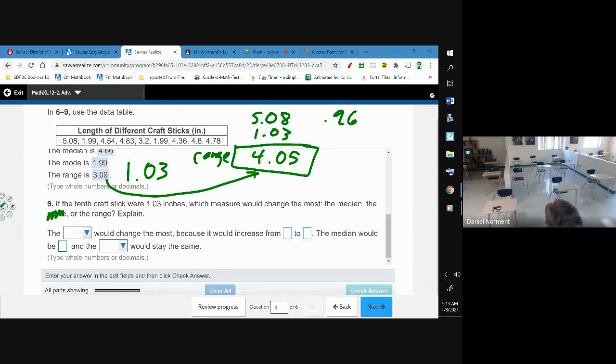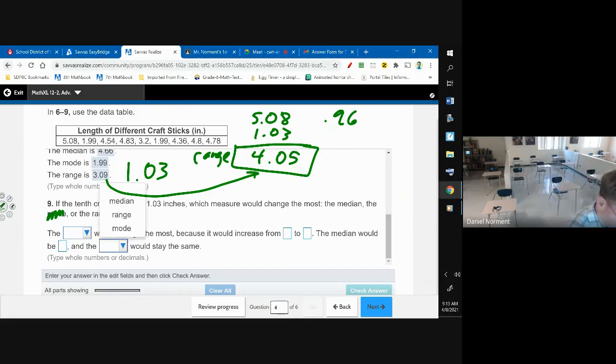So then I have to find the median. Oh, so I have to do this the long way, okay? Or the short way. The median. Okay, so this is definitely going to be mode. The median would be that. The blank would change the most because it would increase.